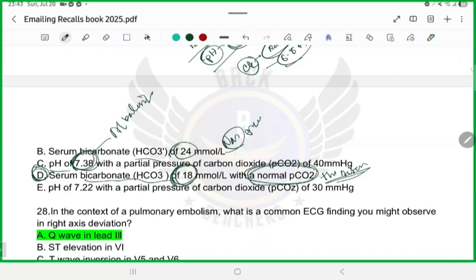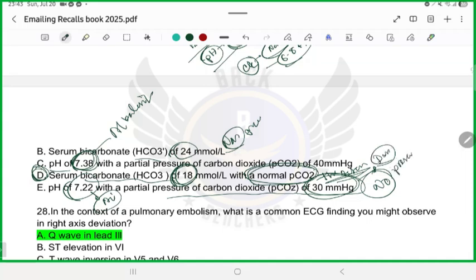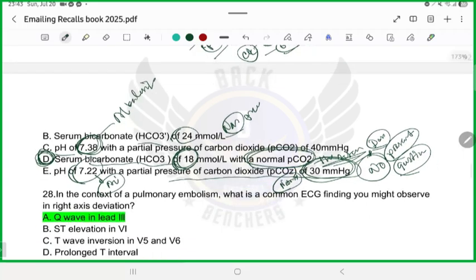But let's check the last one. pH 7.22, yes, this is acidosis, with a partial pressure of carbon dioxide 30 millimeters of mercury. No, this does not go with the presentation of the question. Carbon dioxide should be normal. So D is our best choice.